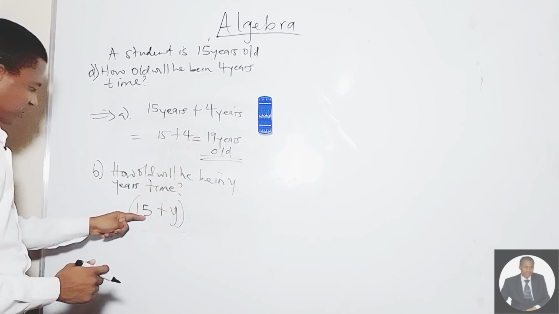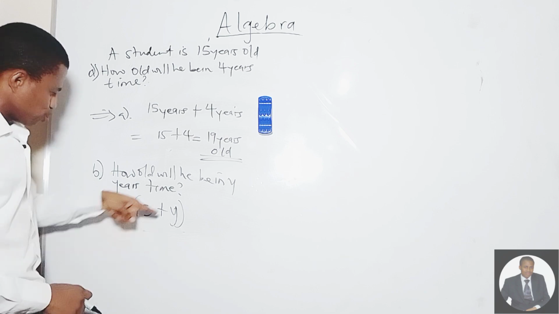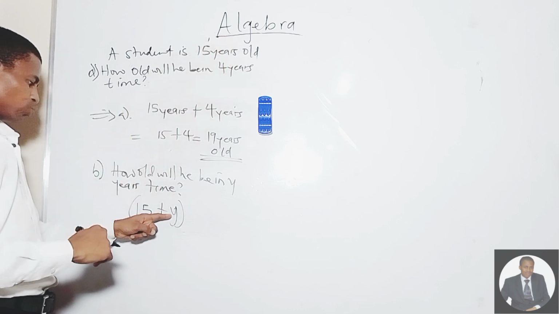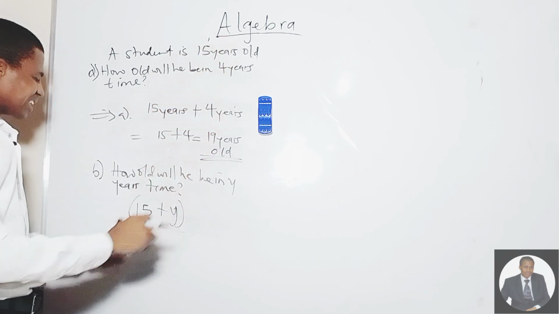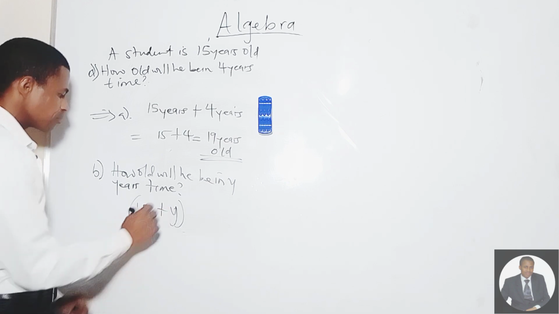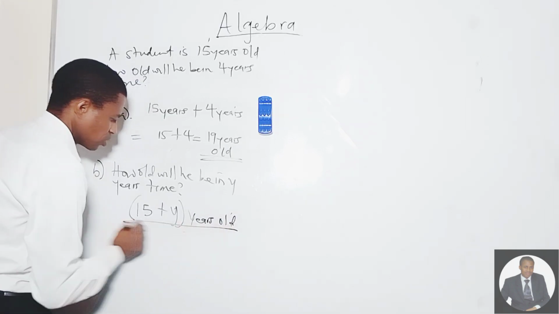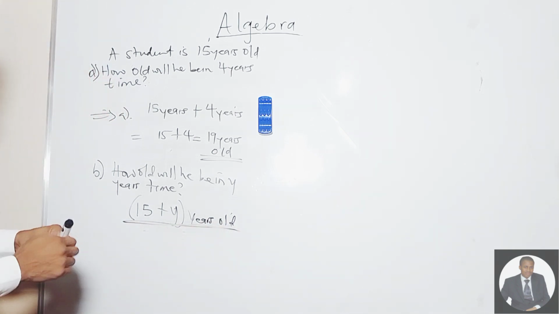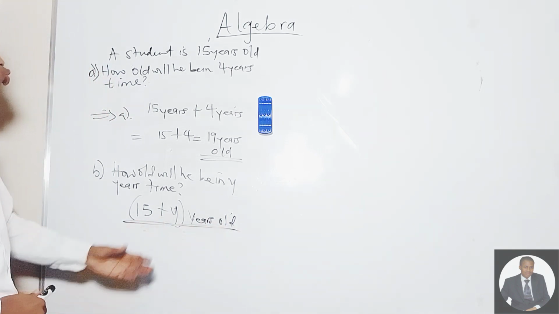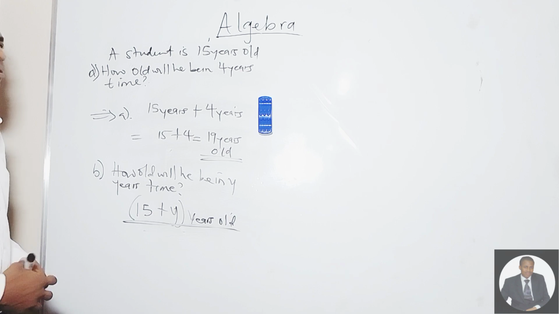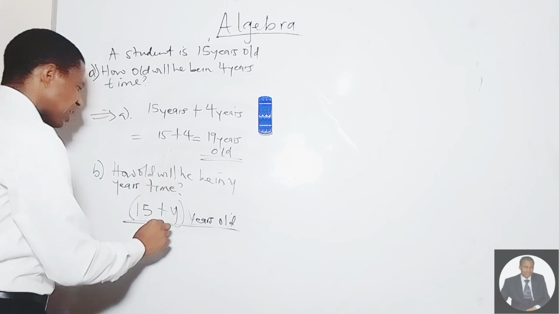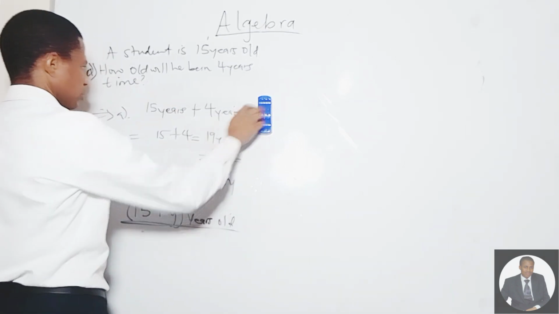In 2 years' time, it will be 15 plus 2. Now, in Y years' time, it will be 15 plus Y years old. So algebra is using letters of the alphabet to represent numbers. And for these letters, we ascribe a particular number to them.